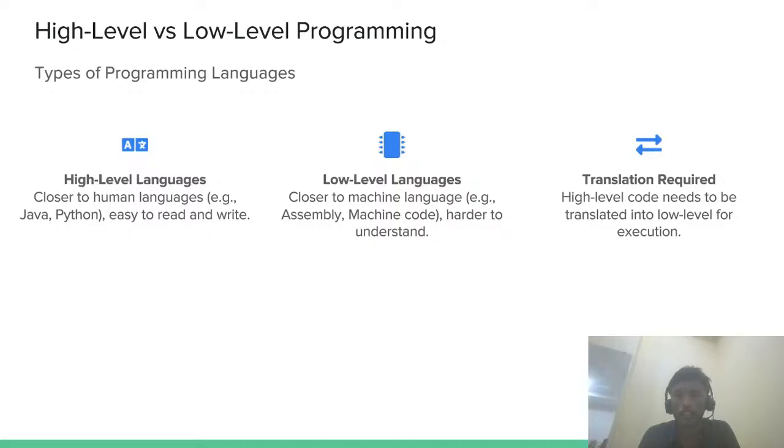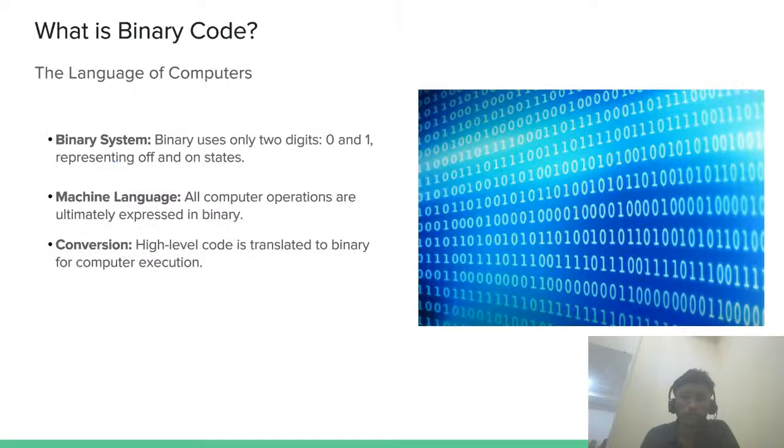And the last one, translation required. High level code needs to be translated into low level for execution. What is binary code? The language of computers. You have mostly seen this, ones and zeros, if you are a computer graduate.